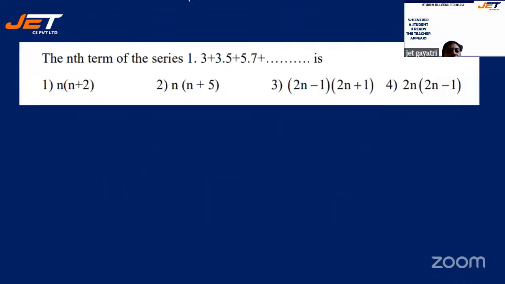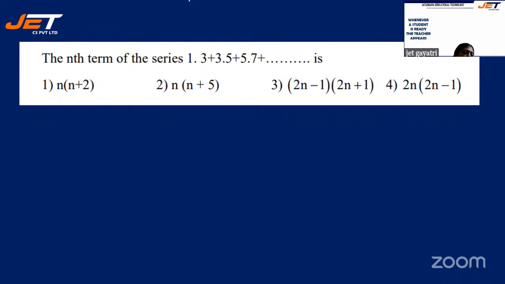Let's move on to the next question. 10th term of the series 1.3, 3.5, 5.7 and so on is dash. Okay, this is very simple.